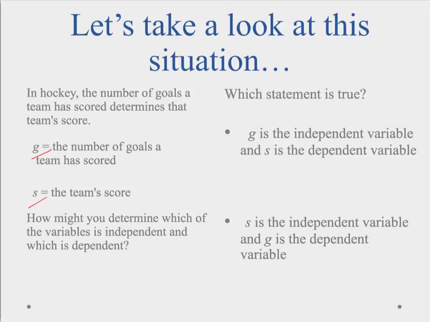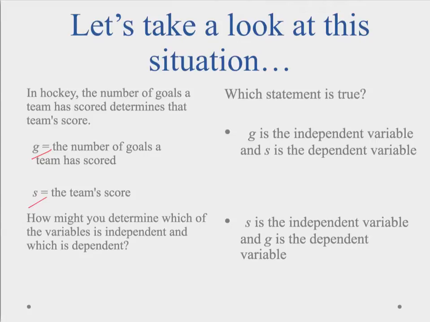How might you determine which of these variables is the independent and which one is the dependent? Take a moment and think about that. You can pause your video while you think. So what I'm thinking in my head is, which one of these variables depends on the other to happen? Does the number of goals depend on what our score is?